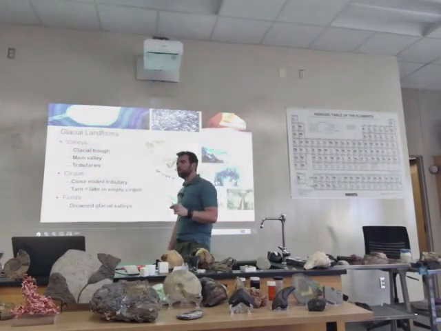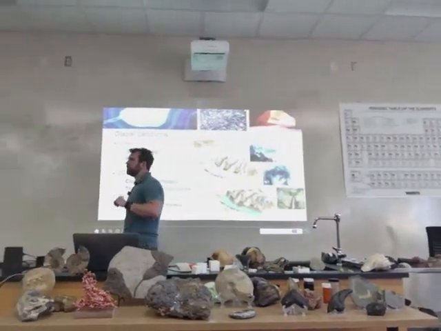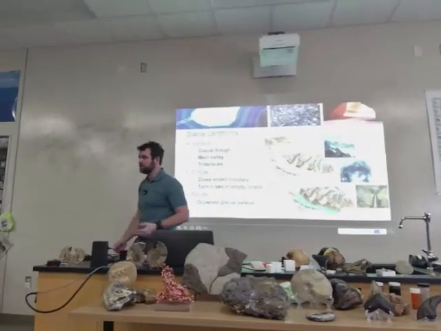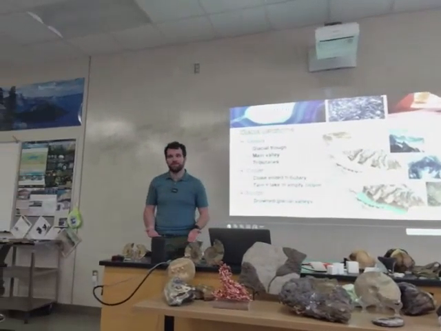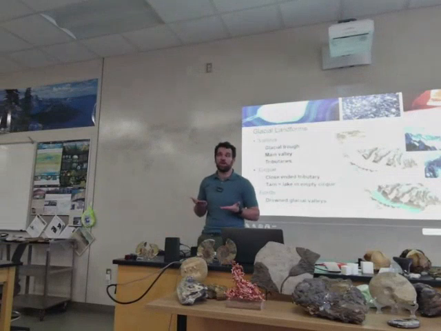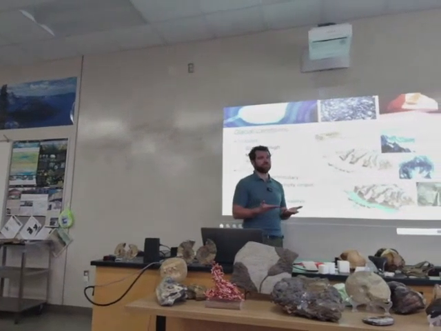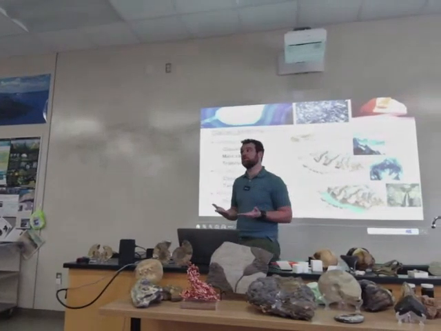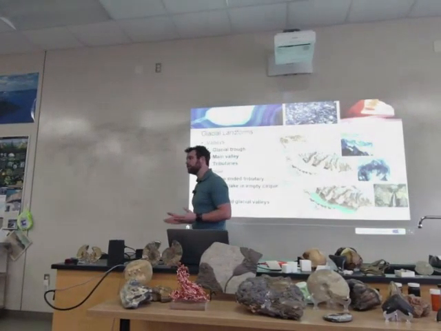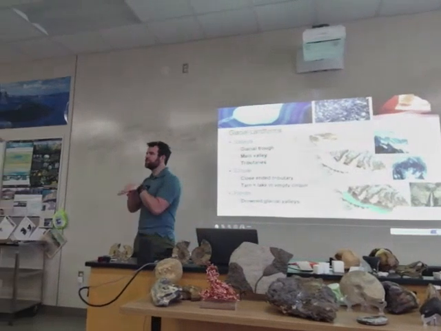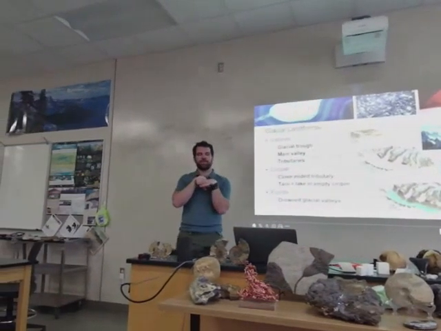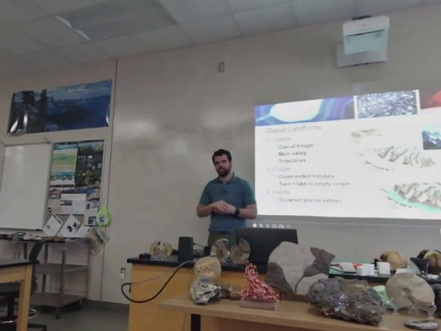And a fjord is what we call it when all that ice is melted, and therefore sea level does what? Rises, because all that water went from the glaciers back in the ocean. So your water level rises, and your glacial valleys that were right next to the ocean are now submerged in the ocean. That's what a fjord is.